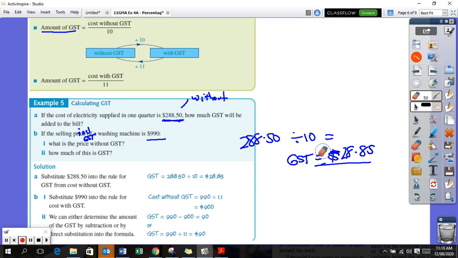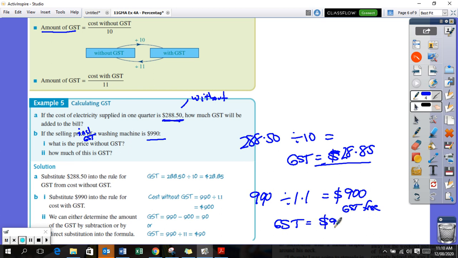So we go the $900 divided by 1.1 gives us $900 GST free. So the GST equals $90, the difference between the two. Okay, so GST calculations are reasonably easy to do.